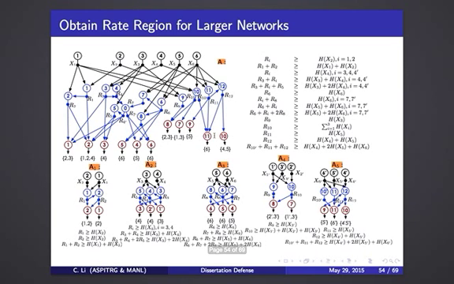Okay, and after considering all combination operations, we can easily derive the rate region for a big network from smaller ones. So here is an example to show that. The big network here cannot be directly handled by our computational tool since there are too many variables.